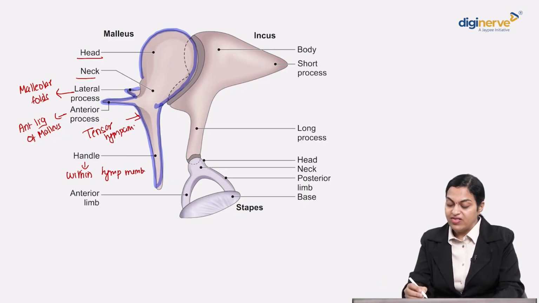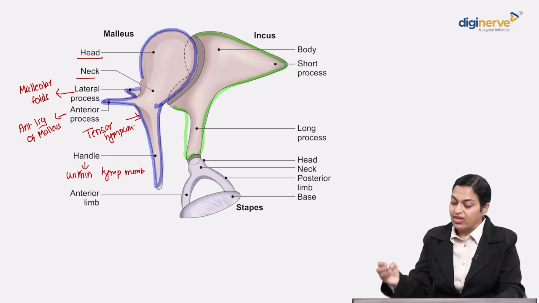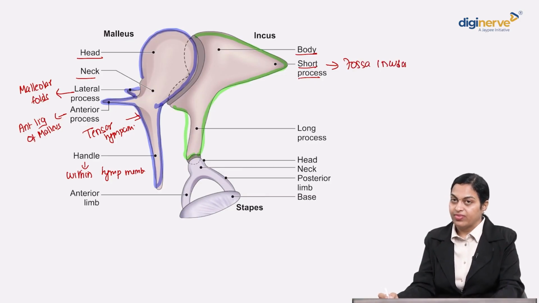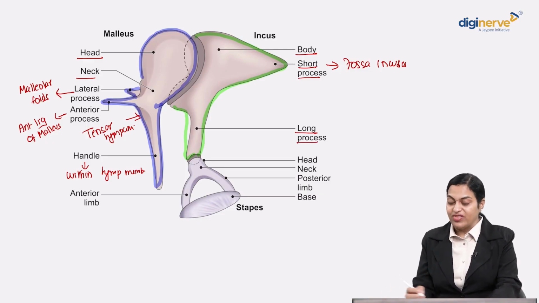And the incus, it presents a body, a short process that lodges in the fossa incudis. The long process, the tip of which articulates with the head of the stapes to form the ball and socket joint, right?